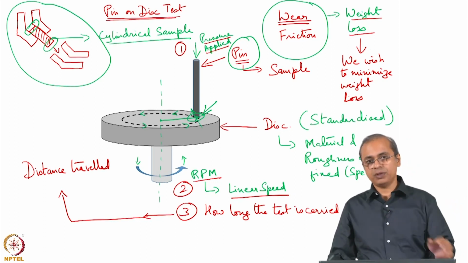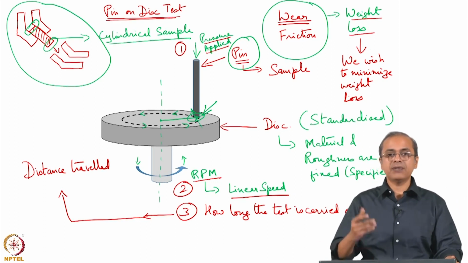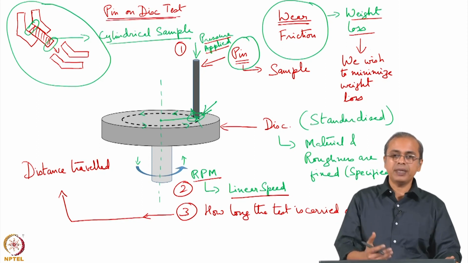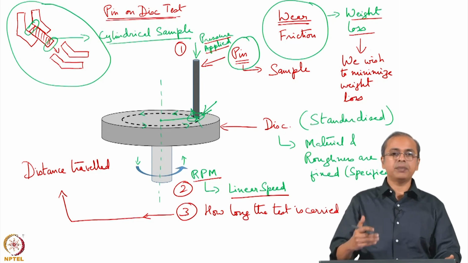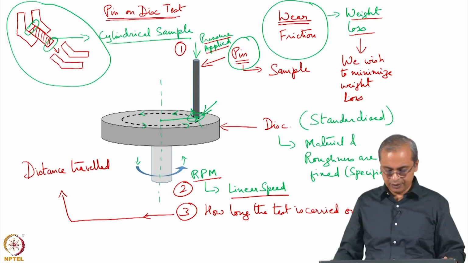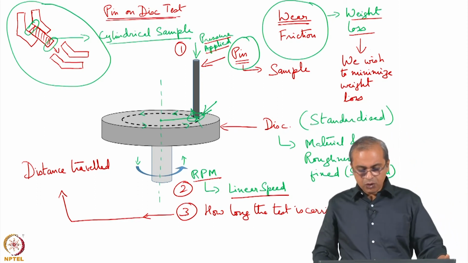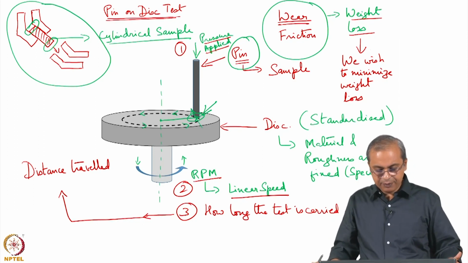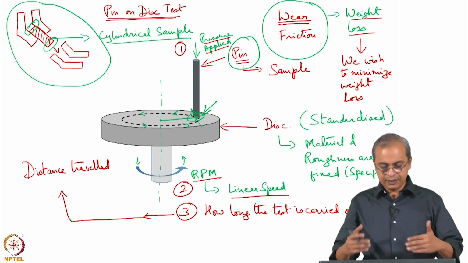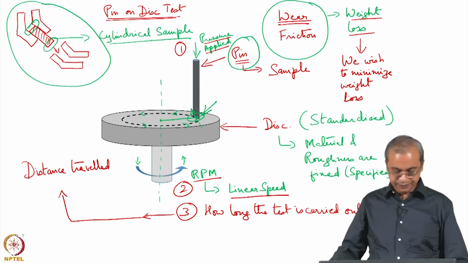If you say you have made an improvement, then under the same test conditions you should have less weight loss, in a repeatable manner. That is the basic idea. So, this is the basic test, and we will see what kind of data we will get from it, and then see what we can make of it.